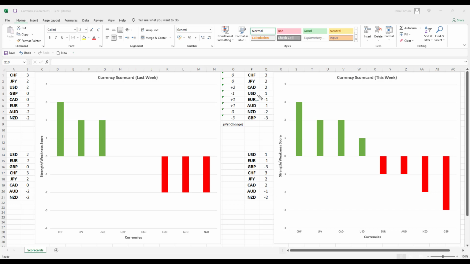And as a result of the dollar getting more corrective, we saw the euro gaining a little bit of strength. We saw the Aussie gain a little bit of strength. The New Zealand actually remains as weak as it was last week. So the first thing to take away from this is last week the markets were pretty dull, a little bit corrective, and this was because of the dollar correcting heading into FOMC.